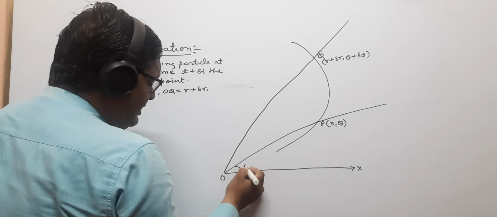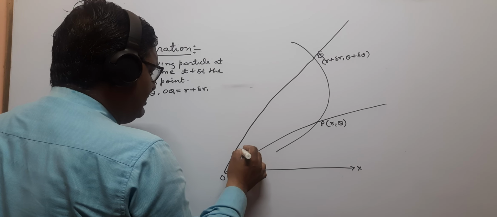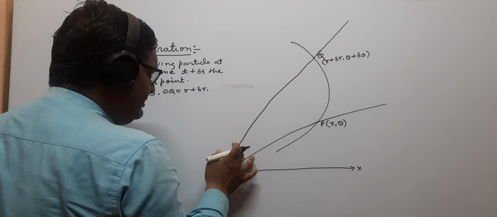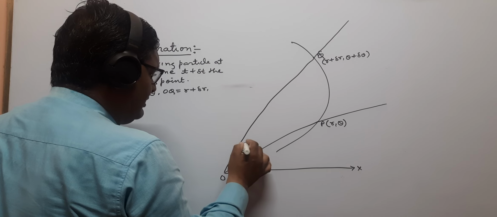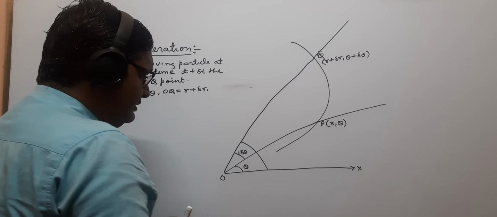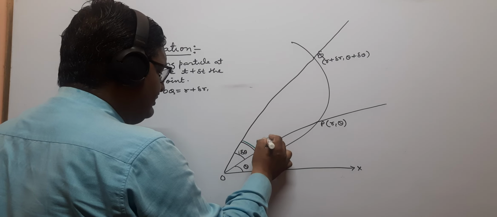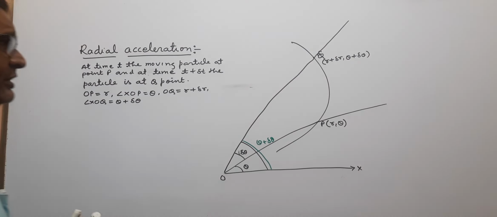This angle is theta, and this angle is del theta, so the whole angle is theta plus del theta.